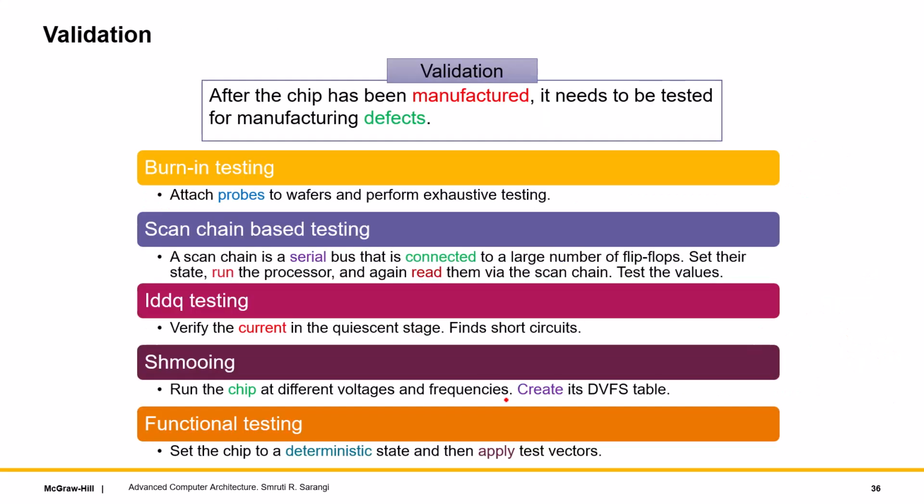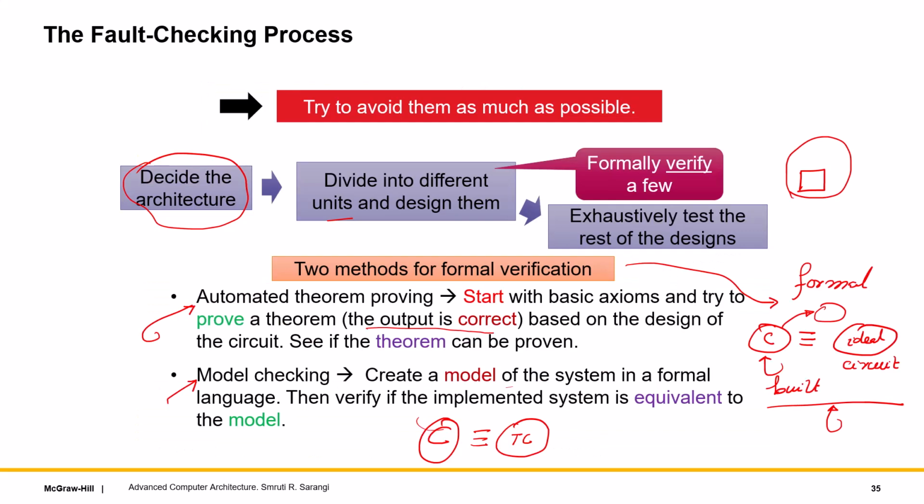So this was the process of verification, where verification basically says that whatever I am producing will satisfy certain properties. The set of properties could be necessary, could be sufficient. Well, that I don't know. But as I said, the methods are automated theorem proving, which using axioms tries to create a theory that the circuit's output is correct.